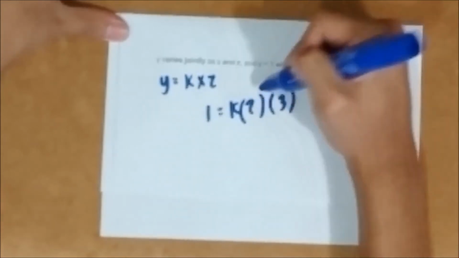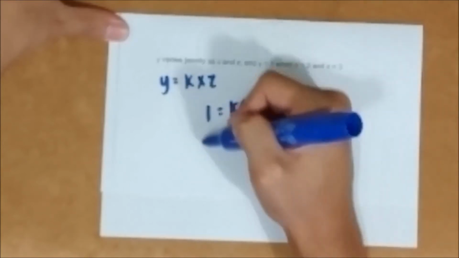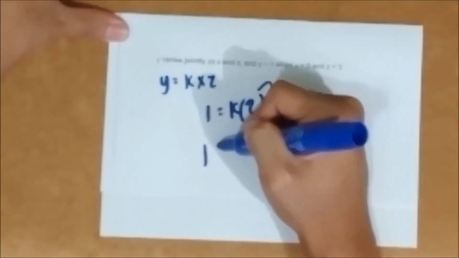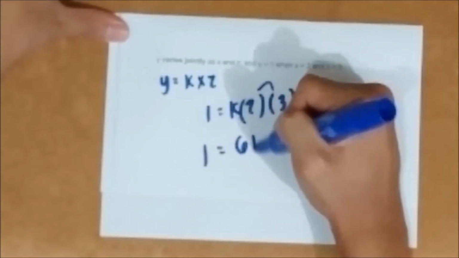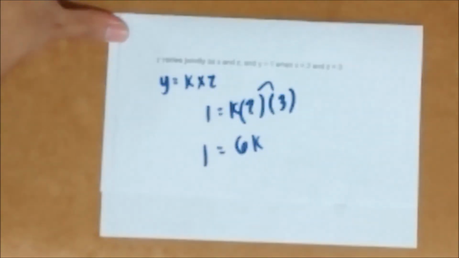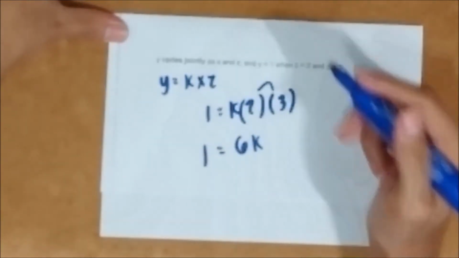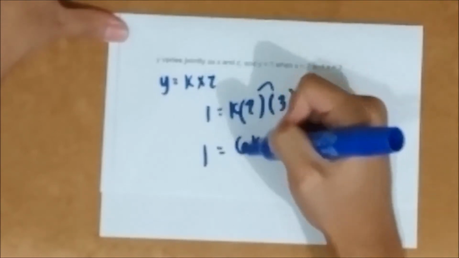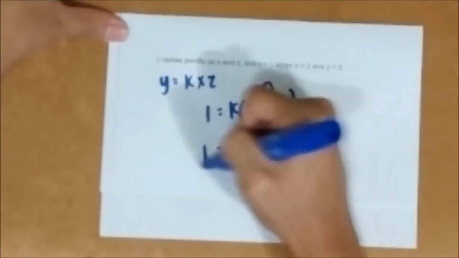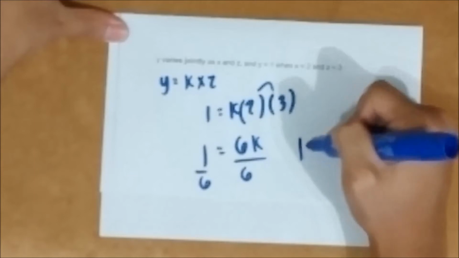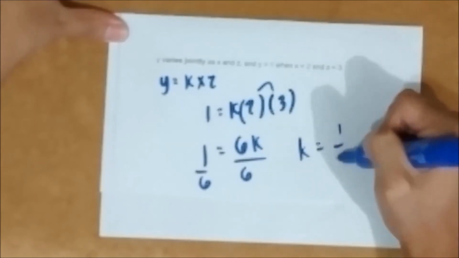In this case, you just multiply them. 2 times 3 is 6. Therefore, 1 is equal to 6k. And therefore, k is equal to 1 over 6. There.